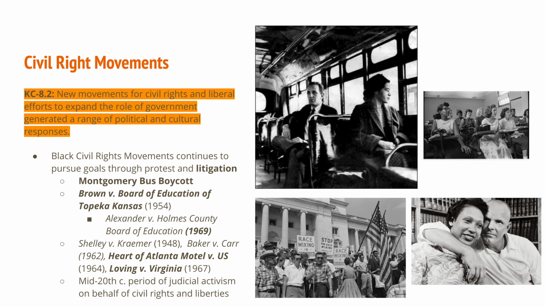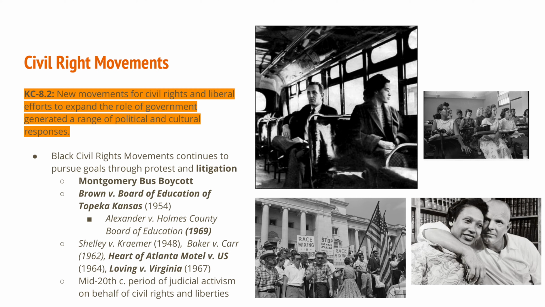In the Heart of Atlanta Motel versus the U.S., the Supreme Court decides that hotels and any place that serves in interstate commerce cannot discriminate against who is able to stay inside of their hotel. They cannot discriminate. And in Loving versus Virginia in 1967, the Loving couple seen on the bottom right, they challenged the law of the state of Virginia that blacks and whites cannot intermarry, and they win.